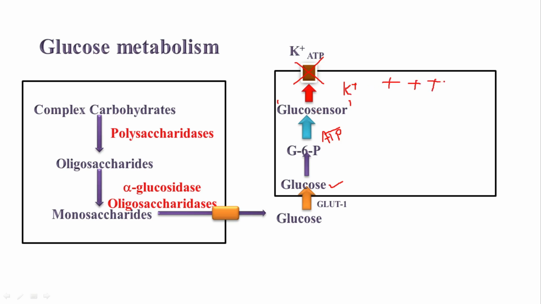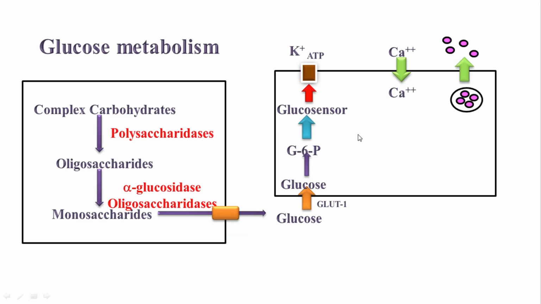Positive ions remaining inside the cell is equal to partial depolarization, and it is this partial depolarization that opens calcium channels. The calcium channels allow calcium from ECF, extracellular fluid, to come inside the beta cells, and when calcium comes in, insulin goes out, and that's how the level of insulin in the blood increases.